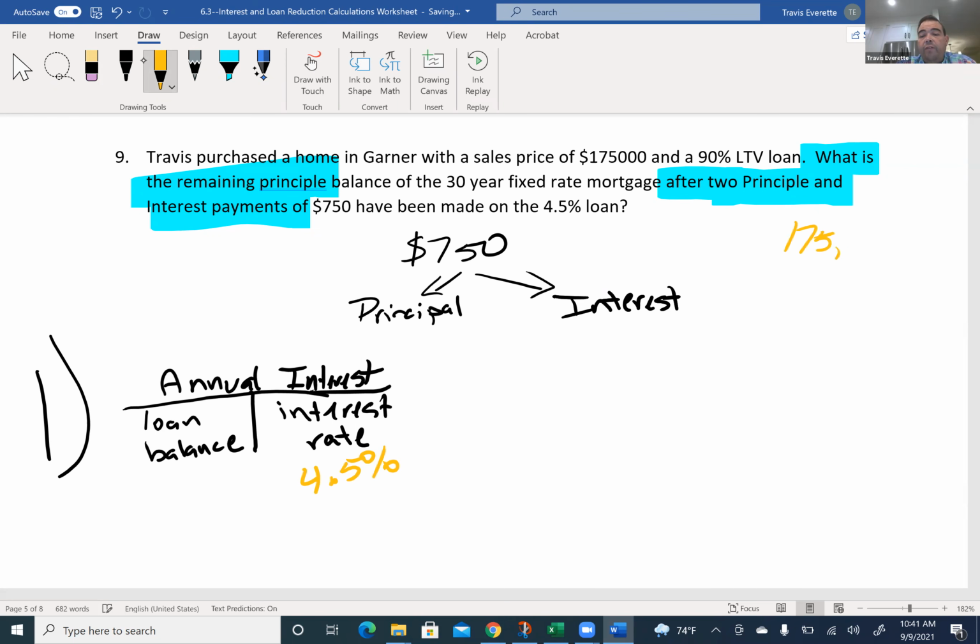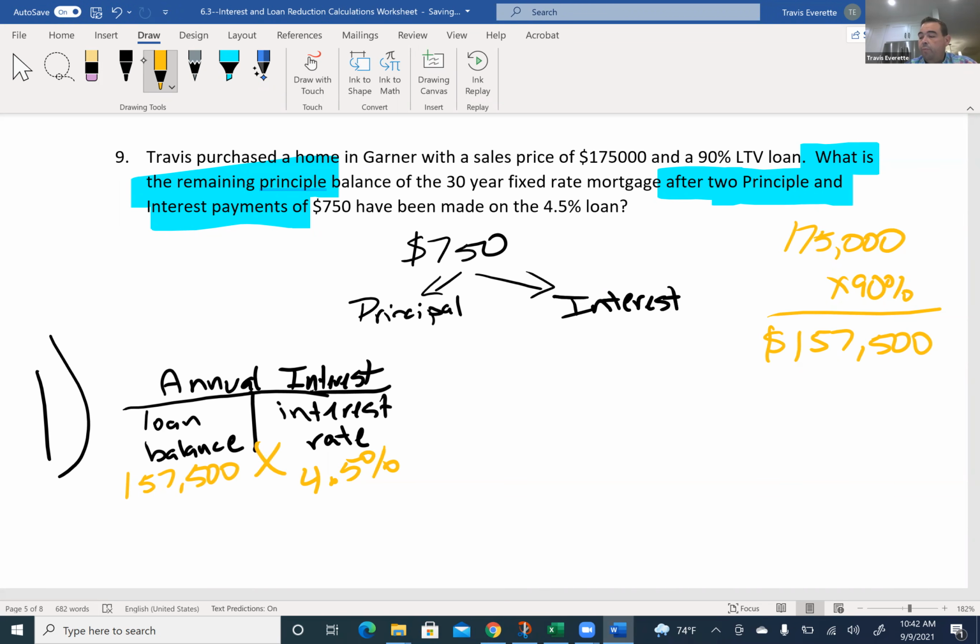That's $175,000 for the purchase price times 90% loan to value. That's a loan balance to start with, the amount borrowed, of $157,500. So here's my loan balance, $157,500.